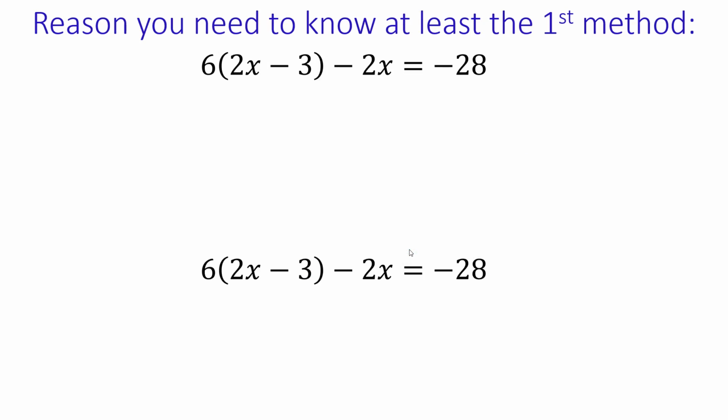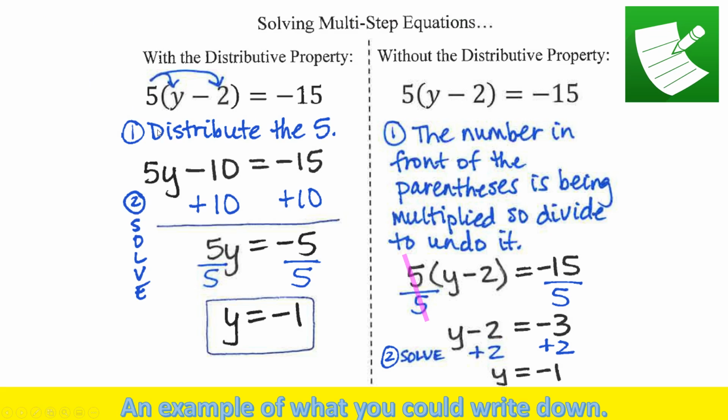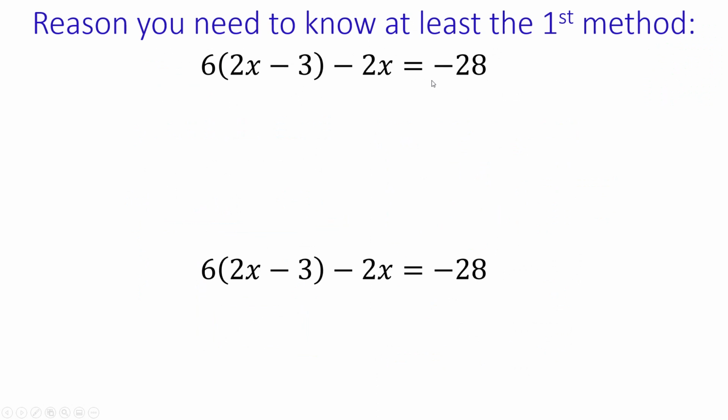So just want to quickly point out the reason you want to learn this first method and not only do the second method is because it can get kind of messy when you're doing more complex equations like this. So if you try that second method where you're going to divide to get rid of the 6, you have a separate term over here. So you would have to divide by 6 there, and you'd also have to divide by 6 on the other side of the equals to keep everything balanced.